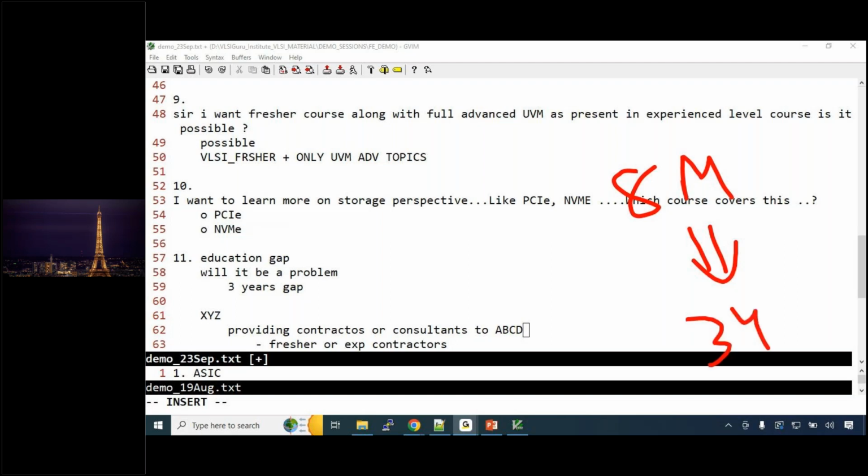I can tell you, I can make you as good as a 3 years experienced person. How can 8 months be 3 years? Because a 3 years experienced person doesn't innovate anything. Does he invent anything in the company? You go to any company, does a 3 years experienced person invent any new technologies?